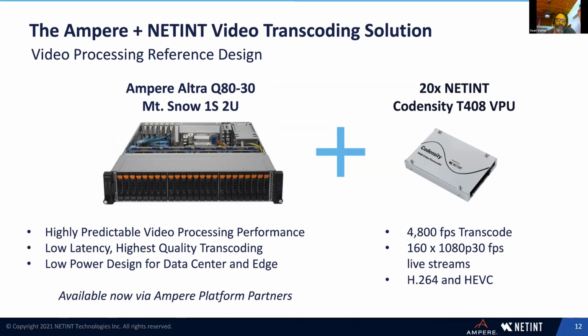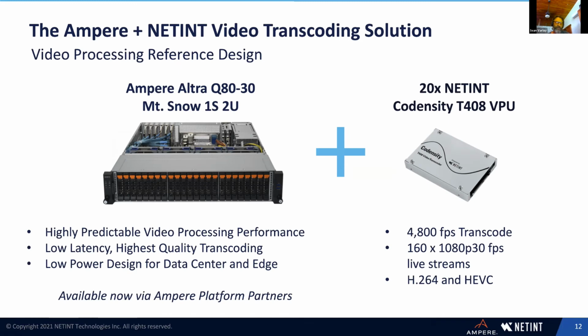So this is a really compelling dense transcode design. The nice thing about the Ampere Altra processor, which I'm sure Darren did a very eloquent job of stating, is that it's a very highly predictable platform. Altra, for many things, gives you very consistent latencies, no matter what the application is. It's just part of our design and our philosophy in building processors. This yields low latency, very consistent P99 latencies across processes.